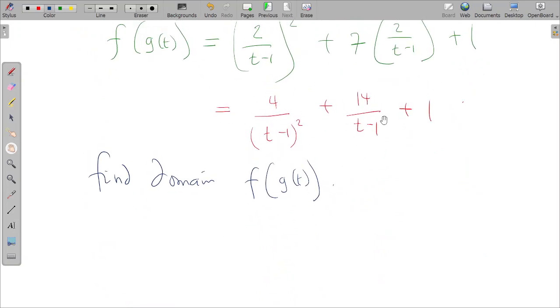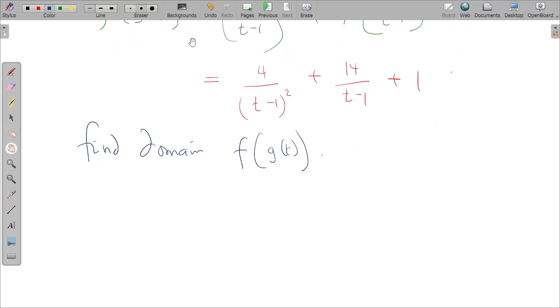Now, in order to find the domain of this, the numerator is a constant, but it has a function at the denominator. So we don't want this to be 0, and it's the same thing for here. We don't want it to be 0. So t minus 1 must not be 0.